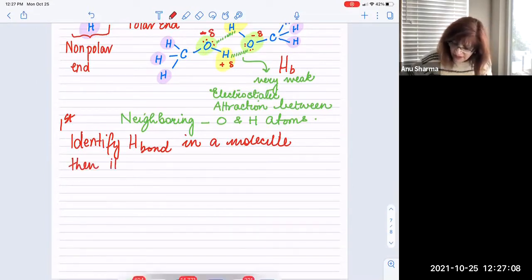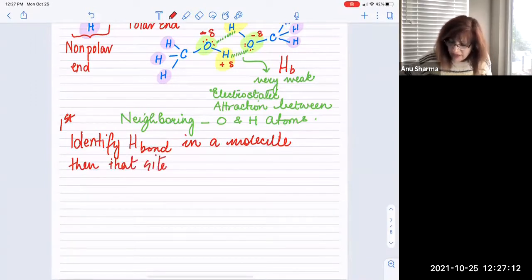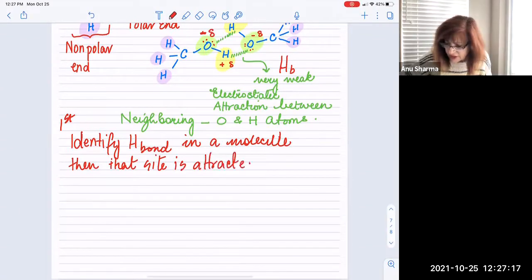That site is attracted to water molecules, basically, is attracted to water.